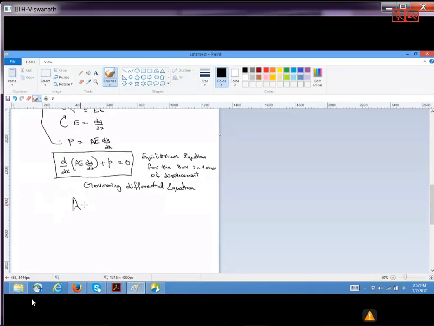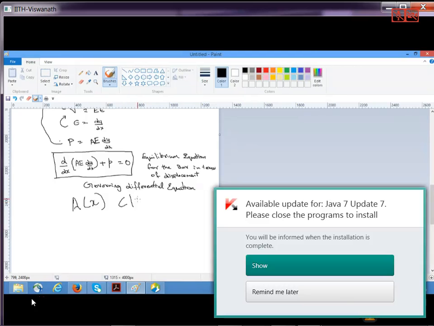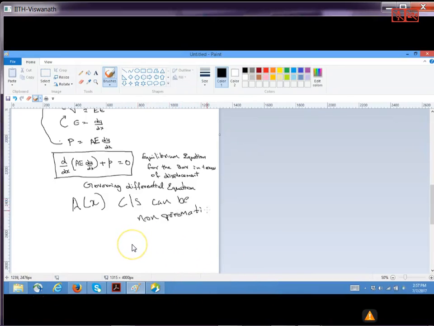A is a function of x, which means your cross section can be non-prismatic.